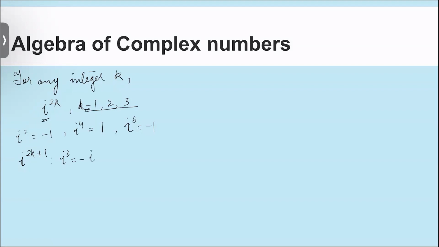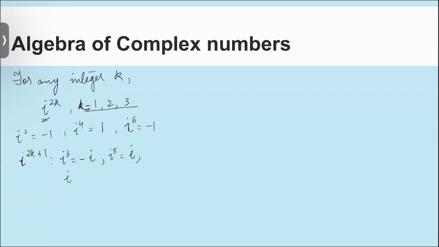Yes, minus i. Then if you take 2, so 4 plus 1, so i to the 5, we have already seen, is i. And then if you take 3, 3 into 2, 6, 6 plus 1, 7.